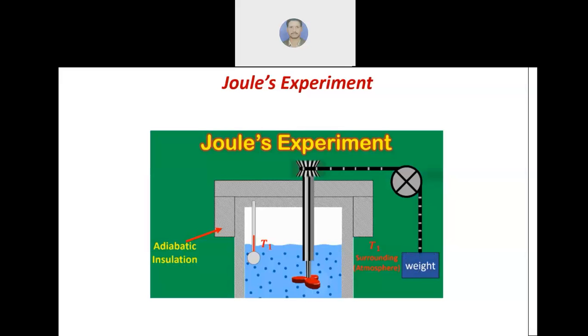Again I will describe the setup. This is a beaker which we have insulated to make it adiabatic, or an isolated system. Inside this beaker we have filled some water up to some level. We kept one thermometer to measure the temperature of the liquid. Then there is a stirrer mechanism. At the bottom end there is a paddle or stirrer wheel which will rotate.